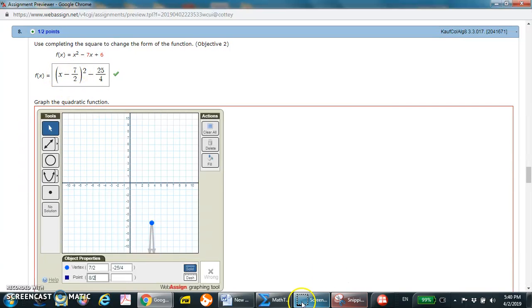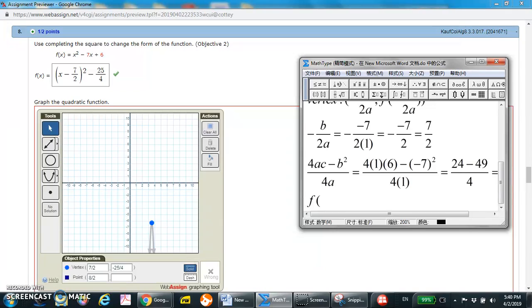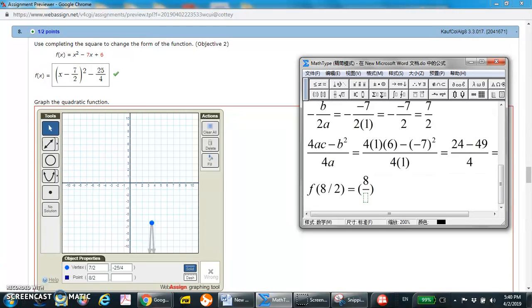Now if x is 8 over 2, then we're gonna have 8 over 2 minus 7 over 2 squared minus 25 over 4.